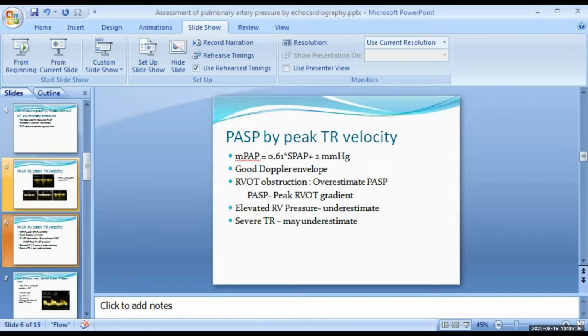One thing should be taken care of: in the presence of RVOT obstruction like pulmonary stenosis, this method may lead to falsely elevated pulmonary artery systolic pressure. In that case, we have to subtract the peak RVOT gradient from the pulmonary artery systolic pressure. That will give you the actual PASP.